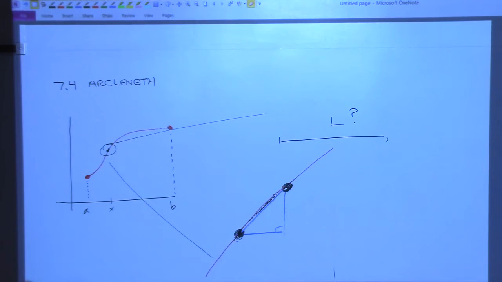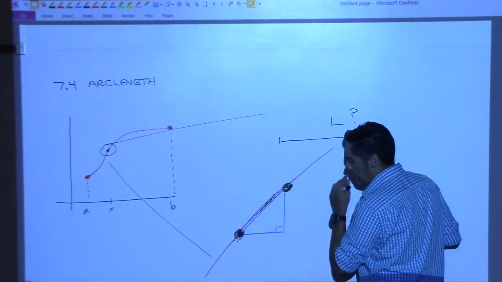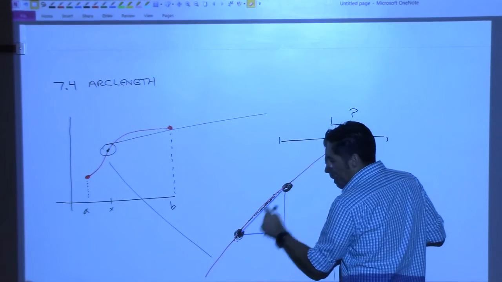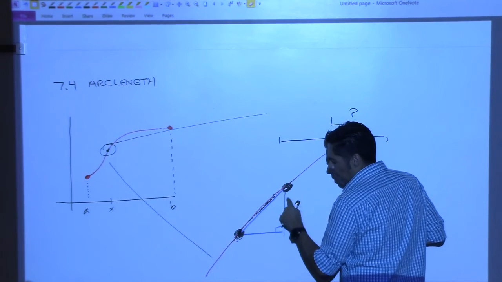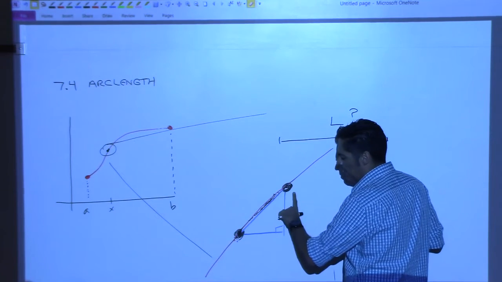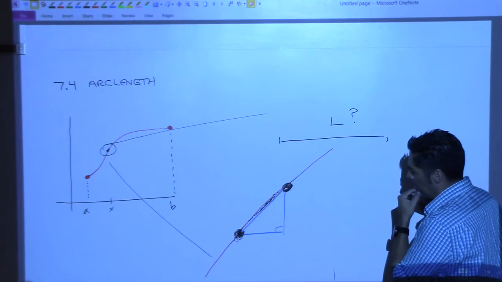So how could we figure out the length of the blue line? Well, it's the hypotenuse of a right triangle, yes? If I knew how long this was and how long this was, I would have some idea.